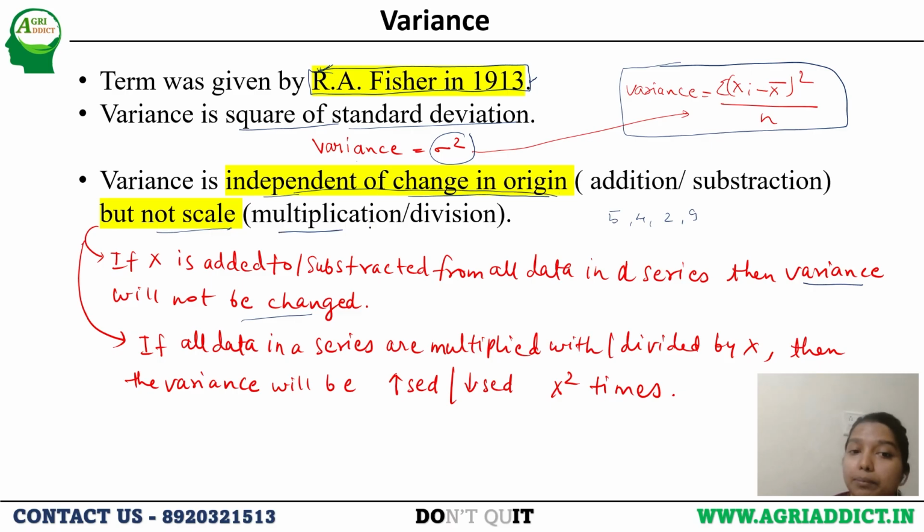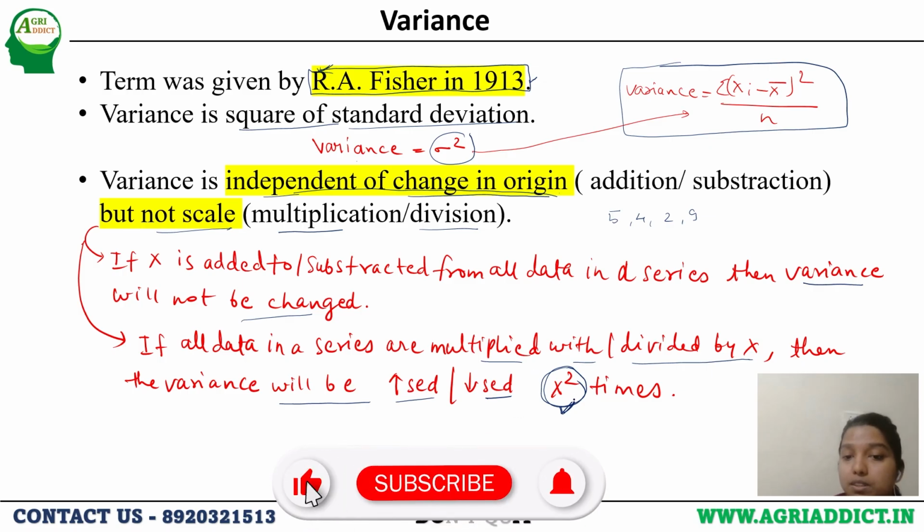But when we are multiplying or dividing all the data by, say, x, if all the data in a series are multiplied with or divided by x, then the variance will be increased or decreased x squared times. This you have to remember. If we are multiplying by x, it will increase by x square times. If we are dividing, it will decrease by x square times. I hope you got the point. This is very important. This can be asked in the statement.